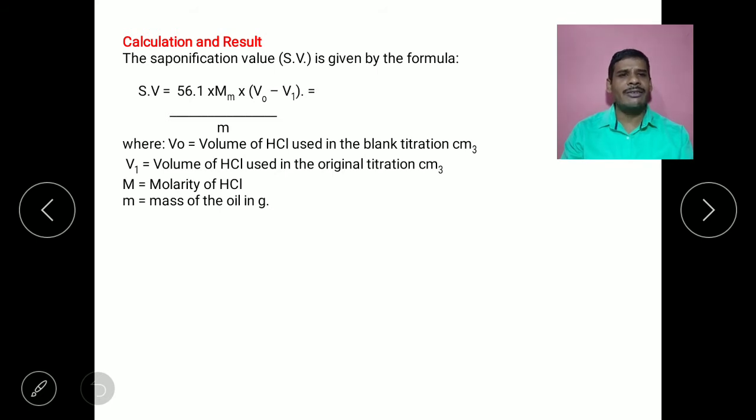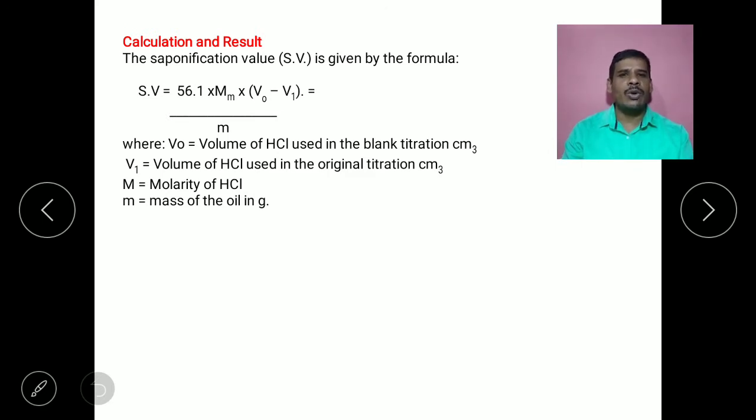V0 is always greater because it is the blank reading, where there is no sample. V1 is the volume of HCl for the original titration, that is, the reading observed after we use the sample of the oil or fat.